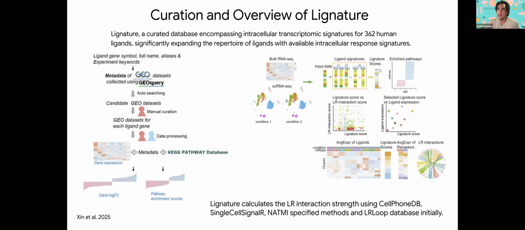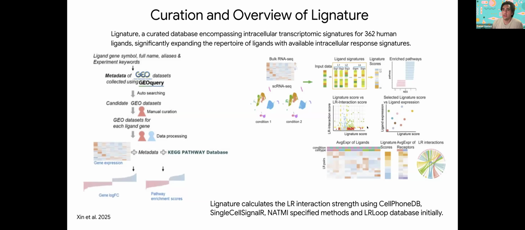The metadata in the Gene Expression Omnibus GEO datasets are collected using GEOquery, and there's an auto search. There's auto searching of candidate GEO datasets, manual curation of GEO datasets for each ligand gene, and data processing. After the data processing, there's gene expression metadata, the KEGG pathway database, and lastly the gene log fold change with pathway enrichment scores.